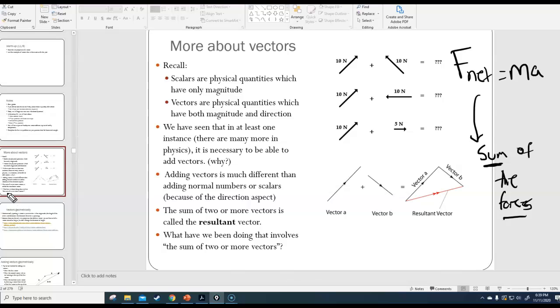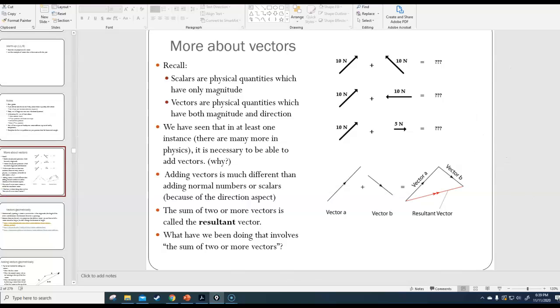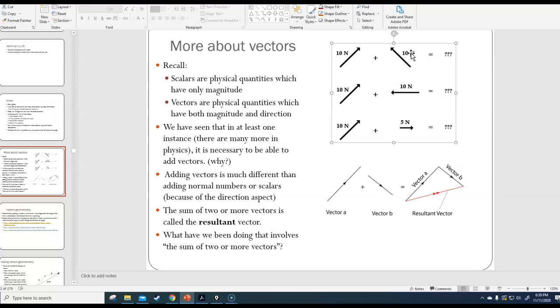As you would imagine from dealing with vectors in the past units, adding vectors is more complicated than adding numbers. You can see in this image right here, this is basically just to show you, if you're adding 10 plus 10, of course the answer is 20. But if you're adding vectors and each vector has a magnitude of 10, then how you add them depends on the direction of each of those vectors.